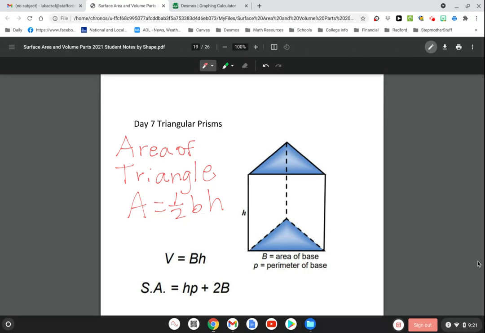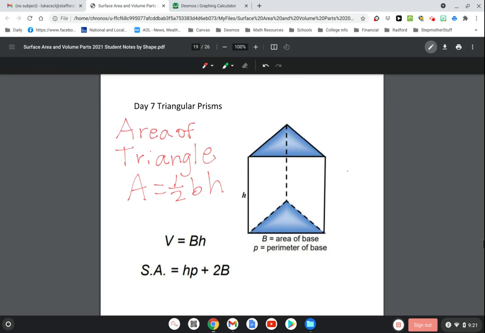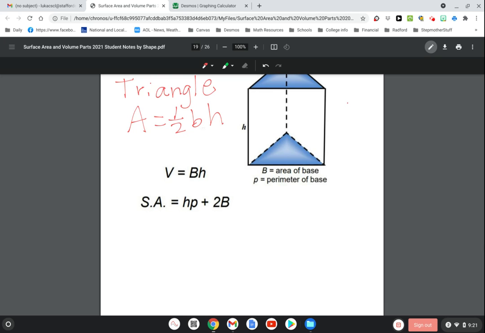If you notice here, you have a volume formula and you have a surface area formula. You have a P for perimeter. You have a B for base area. And those things are here. So if you forget what those are, they're there.